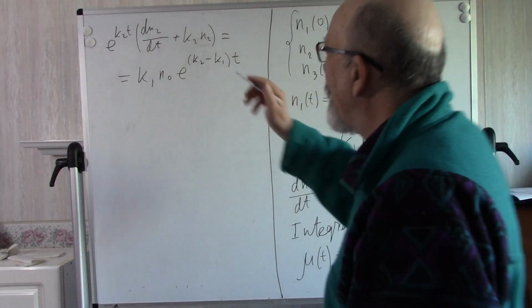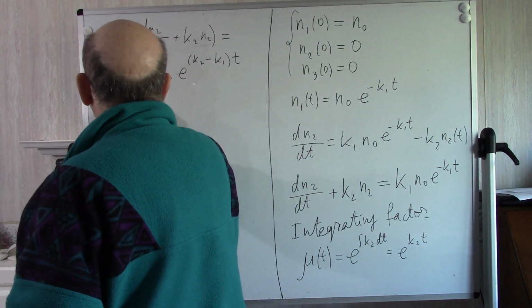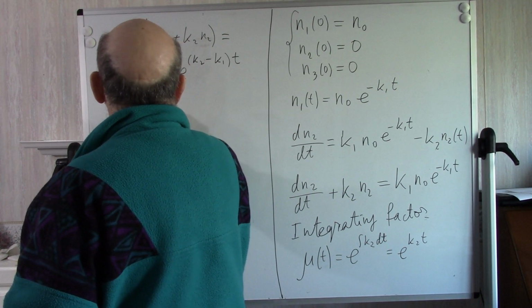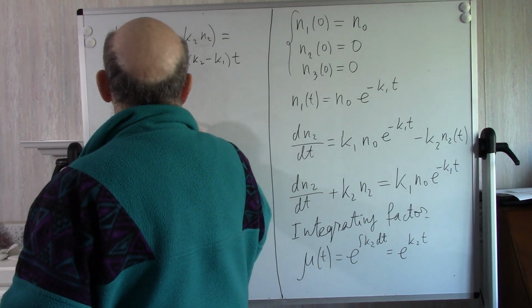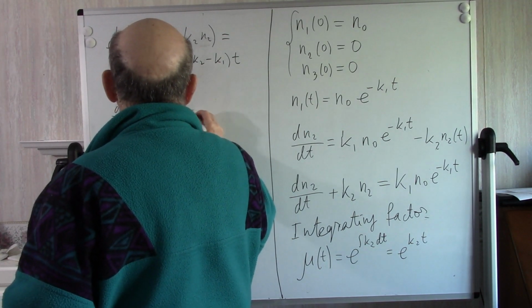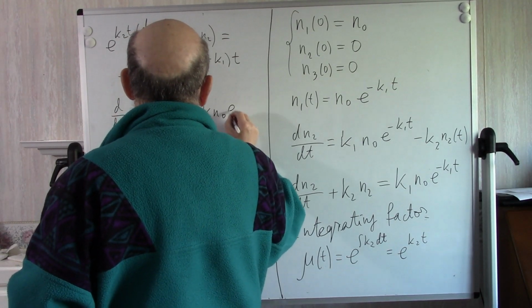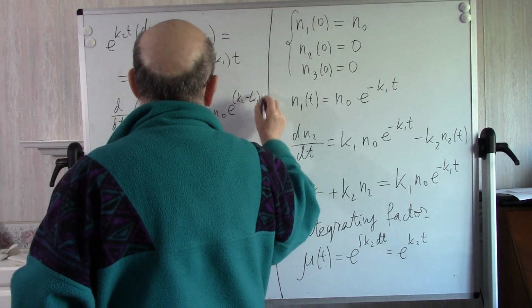Now we identify the left-hand side as the derivative d/dt of e^(k2 t) times N2, which equals k1 N0 e^((k2-k1)t).